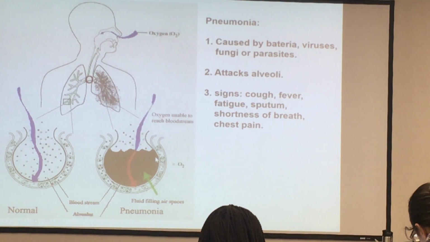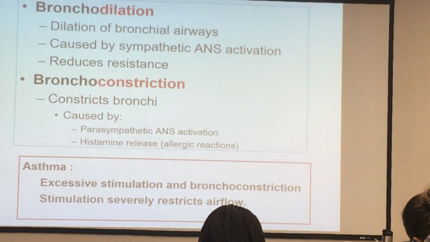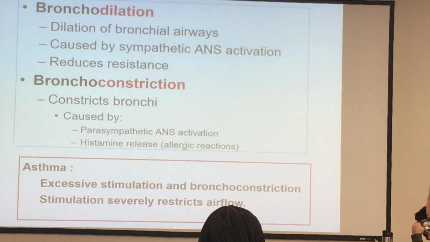Okay, and so it's different from asthma. Asthma is because of bronchoconstriction, the smooth muscle of the airway pathway constricts, so you cannot get enough air to move in. Two terms are very important: bronchodilation and bronchoconstriction.